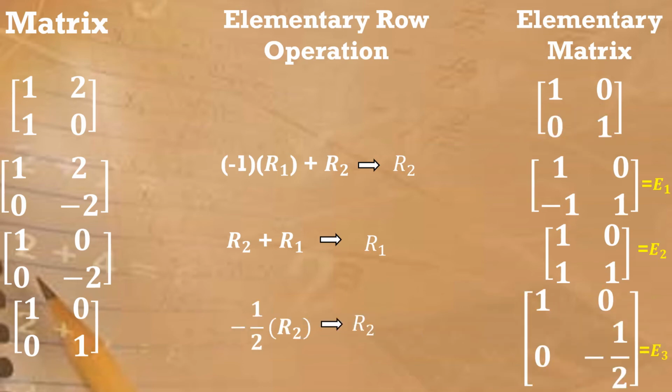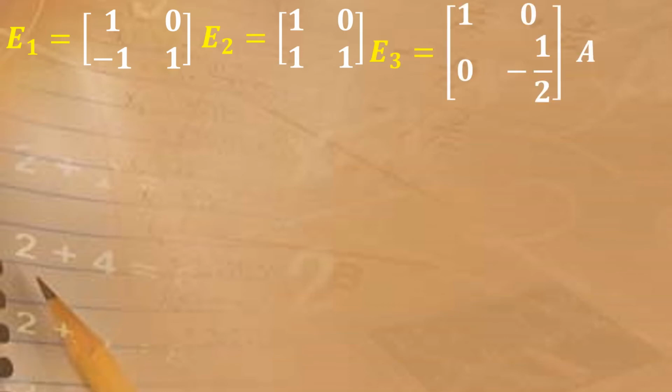So we now have our matrix, elementary row operations, and elementary matrices. And because elementary matrix 1, elementary matrix 2, elementary matrix 3 and matrix A give the 2 by 2 identity matrix, we factor A as follows: A is equal to E sub 1 inverse multiplied by E sub 2 inverse multiplied by E sub 3 inverse.